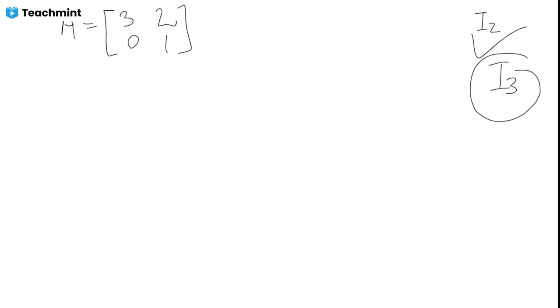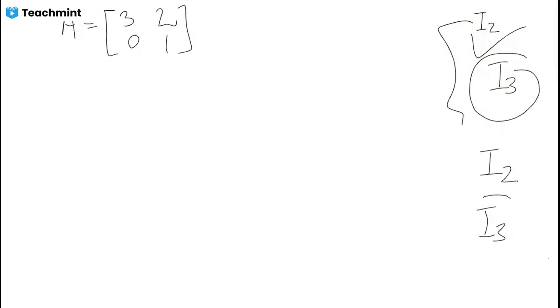Or simply you can use I instead of them, but sometimes they give you I2, which means we need to take the second order identity matrix. Similarly, third order identity matrix. So here they are using I2, which represents we need to take this one, because we take the identity matrix according to the order of A. That is why we are taking 2 by 2.